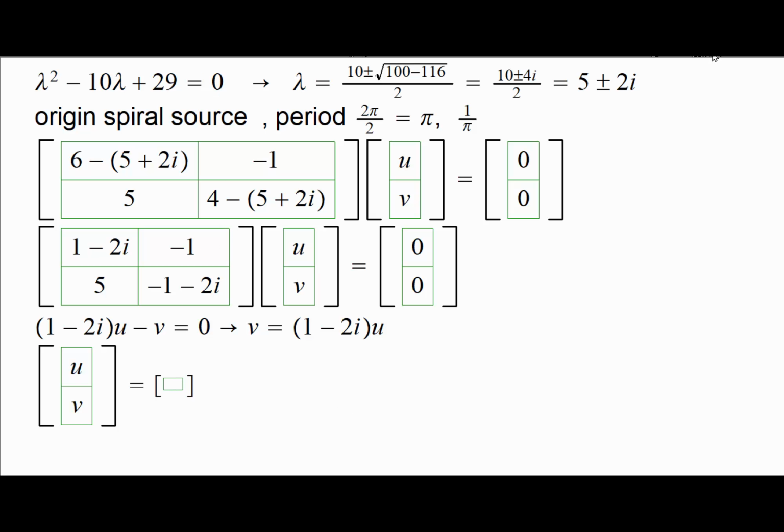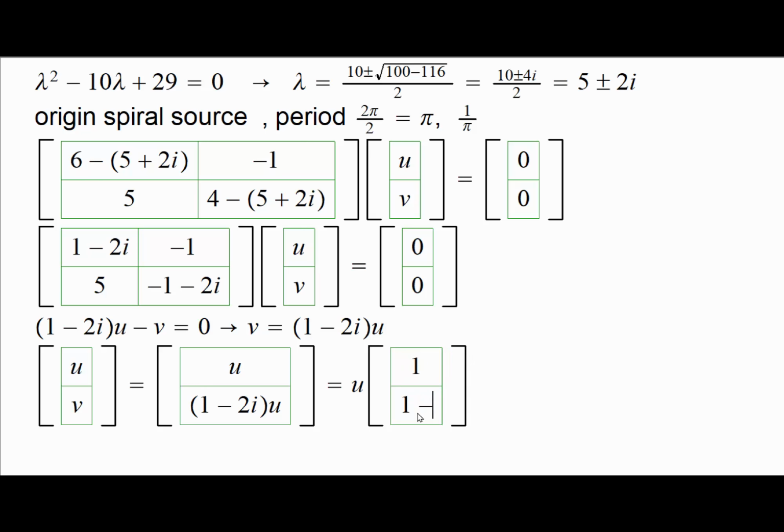So we have u, and for v we write this. We can factor u out, and then we get 1 and 1 minus 2i. So that's an eigenvector. So what would a solution be?